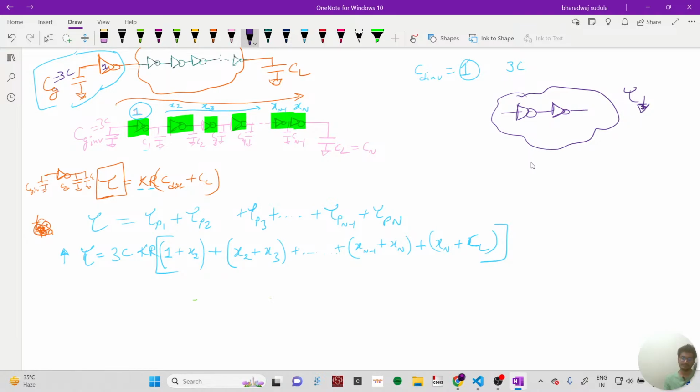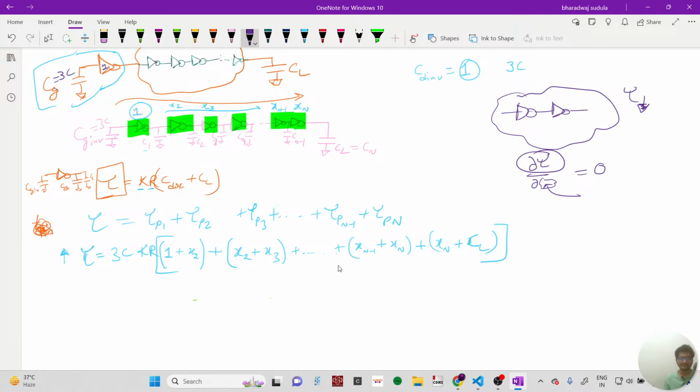To do that, I need to differentiate the time constant with respect to some variable so that it equates to 0. Thus, I can find the unknown variable value such that the delay will be minimum. So in this process, I'll do some mathematical manipulations.